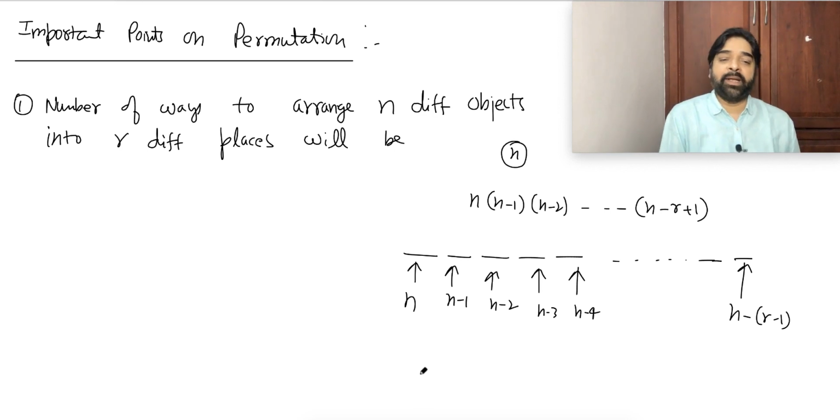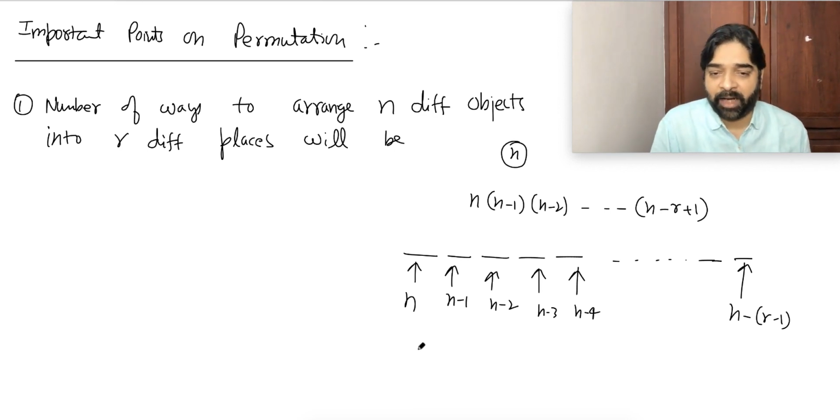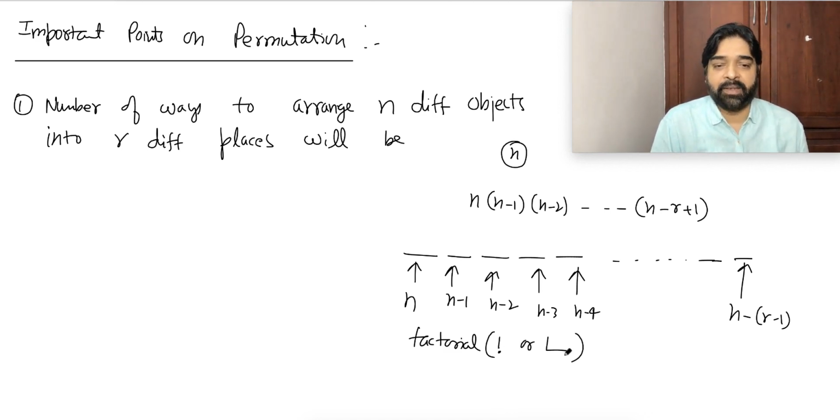There is a term in mathematics called the factorial. Factorial is represented by this symbol or this symbol. In the old days they used to apply this symbol, nowadays they apply this one. This is called n factorial. What is this?